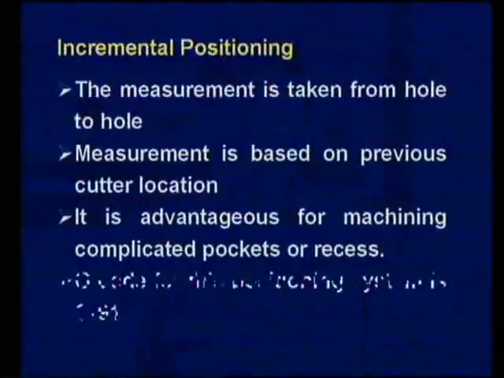Next is, what are the advantages when you are going to prefer this relative dimensioning system or incremental positioning system? Whenever the component which you are manufacturing is highly complex, having contours and recesses, then we will go for incremental positioning. Now we will go to the next slide.